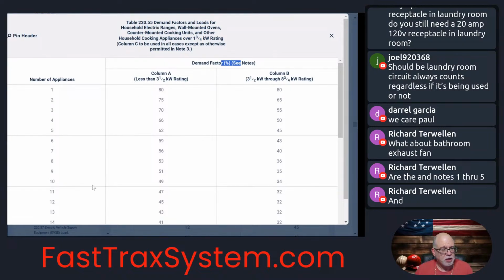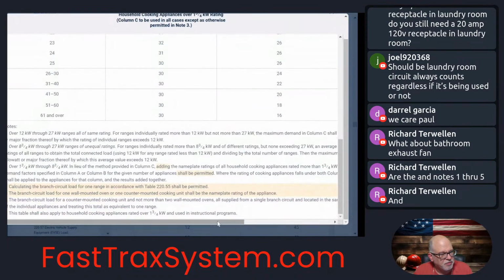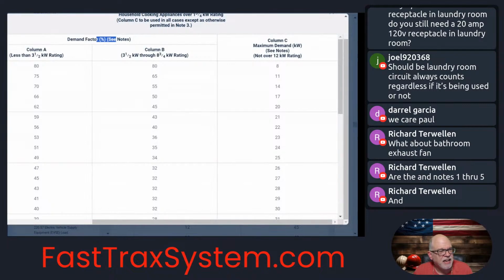The difference is column C. Let me bring it back up. Column C is an actual demand value. So this is not a percentage column. This is actual demands, okay? And remember, it's for not over 12 kW, right? So if I have an 11 kW range, for example, then the value we'd use in my load calc is simply 8 kW.